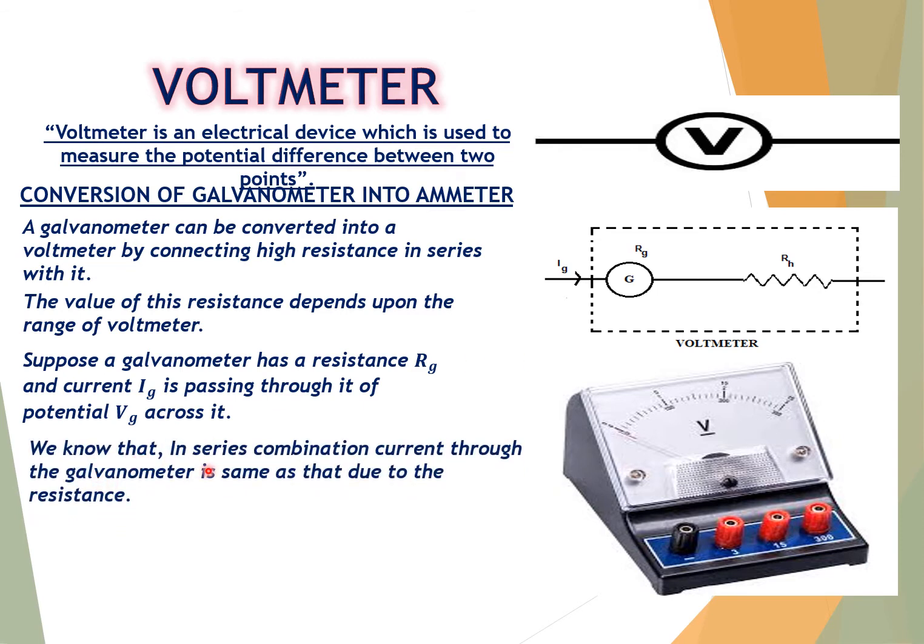We know that in a series combination, the current through the galvanometer is the same as that through the resistance. So the current passing through the galvanometer, Ig, is equal to the current passing through the resistance RH. So both currents will be the same.